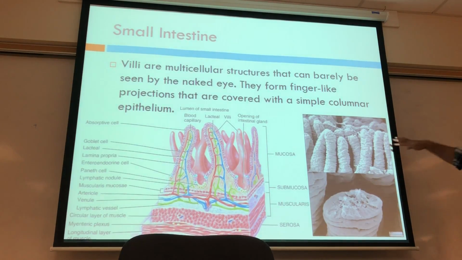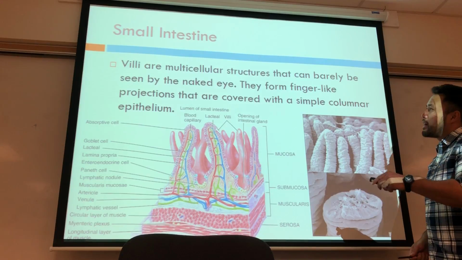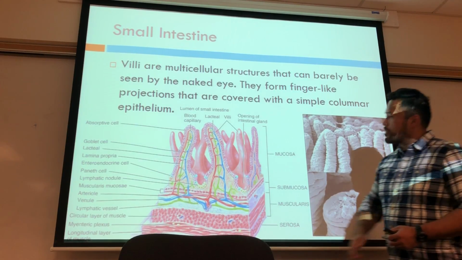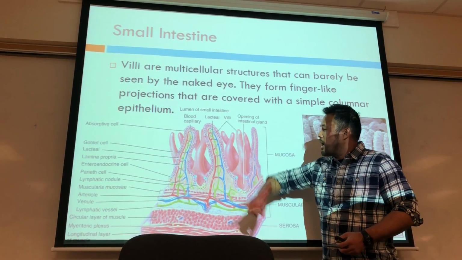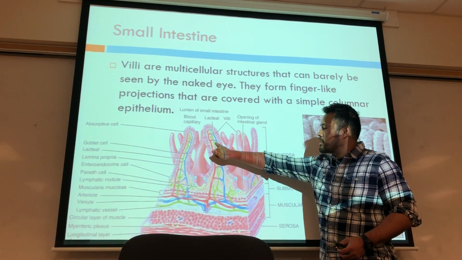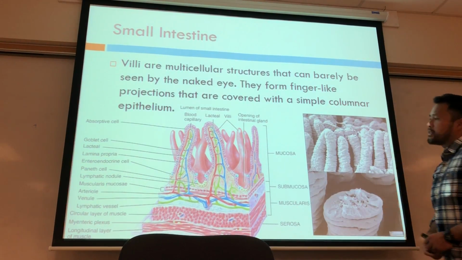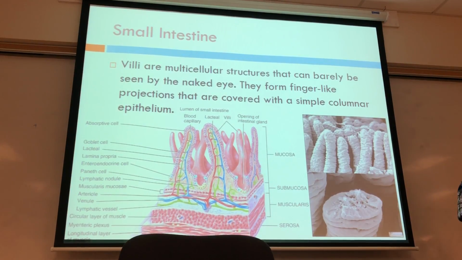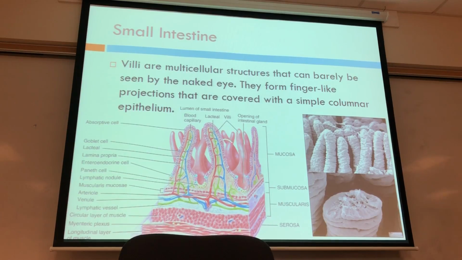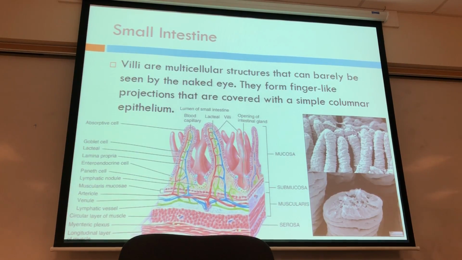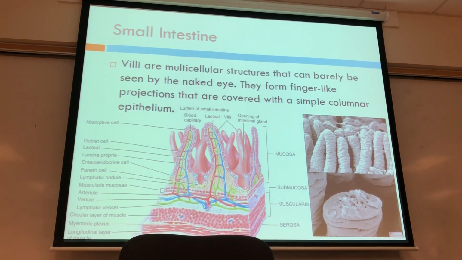So now you've got fluid trying to make its way through. And within these villi, you'll see the structures. Within the epithelial layers, you'll see the capillary bed, and you'll see these lacteals. Lacteals are extensions of the lymphatic vessels themselves, which I'll talk about on the next couple of slides. Okay? So increased surface area on the mucosal tissue.